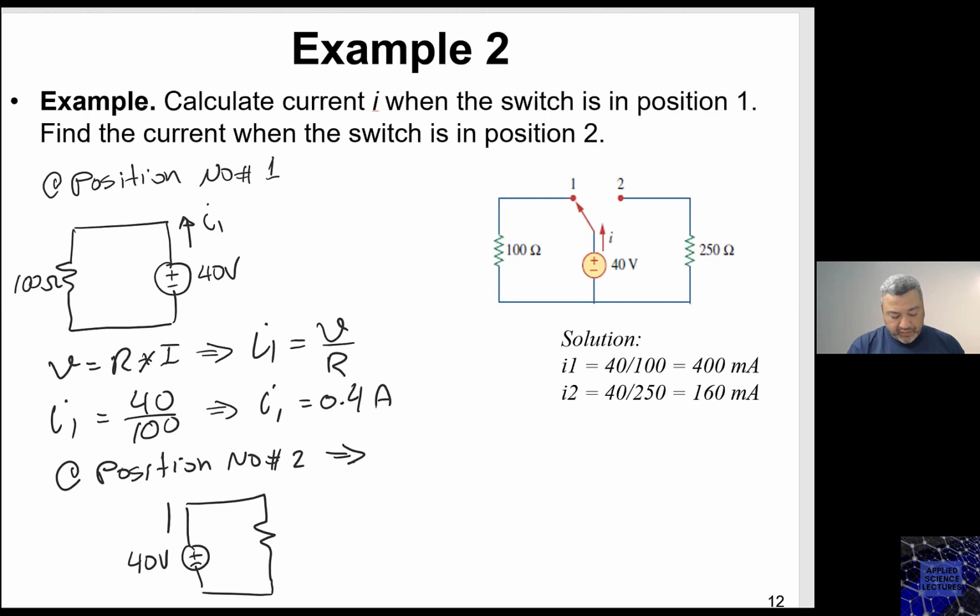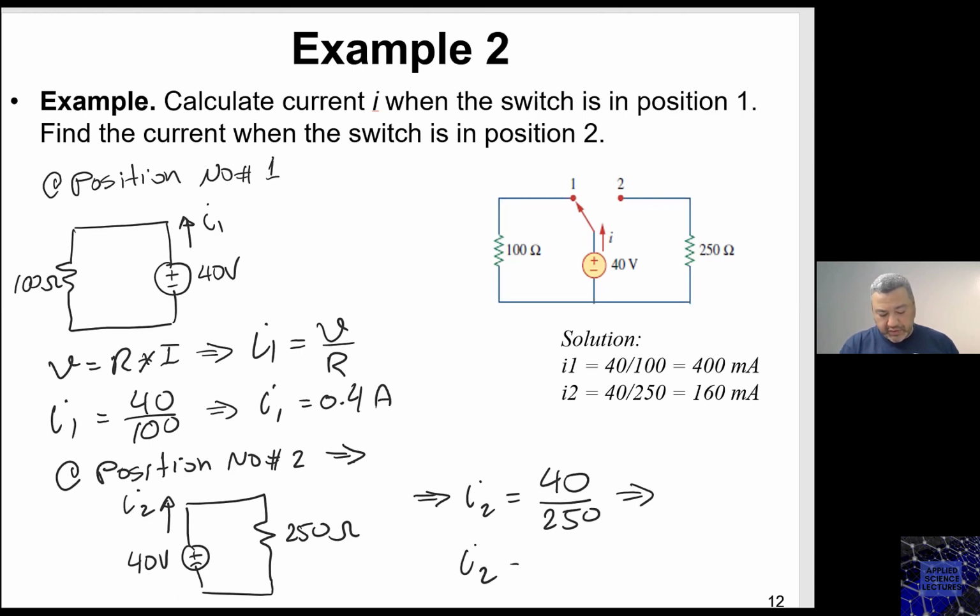Now my current I2 is going in this direction. So I2 now, based on Ohm's law, is 40 divided by 250, and this one is I2 is 0.16 ampere or 160 milliampere. Any question?